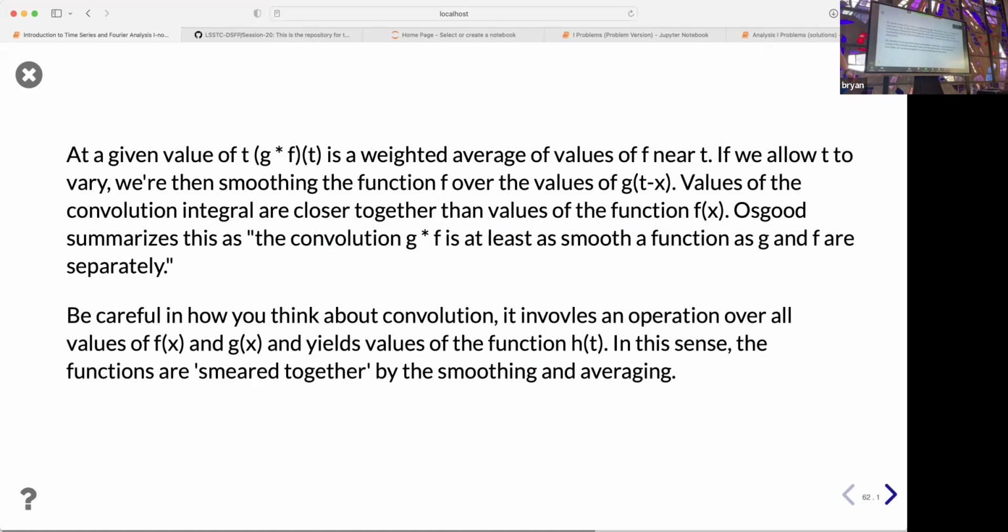What it is is a weighted average of one function near a certain value of t. And then as we allow things to vary, we're sort of smoothing two functions together. So a nice intuition is that the convolution of two functions g and f is at least as smooth as each of the two functions independently.